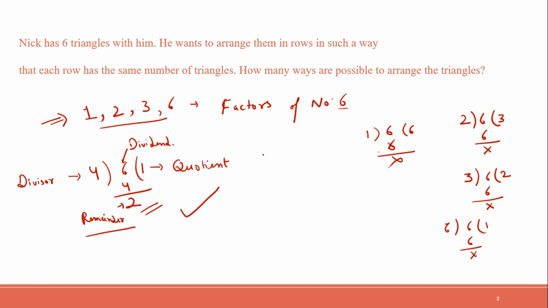Don't worry. So you can see if we divide 6 by 4, we are getting a remainder. Any number which gives us a remainder is not a factor of 6. Got it?